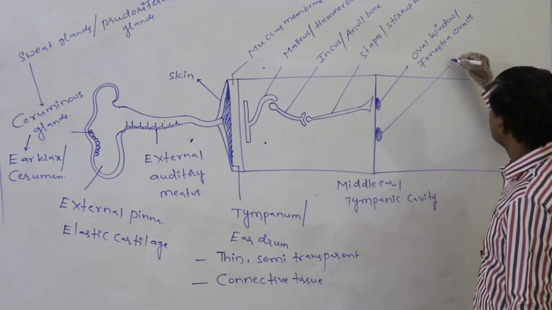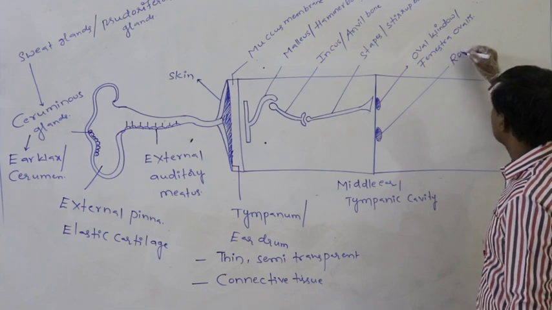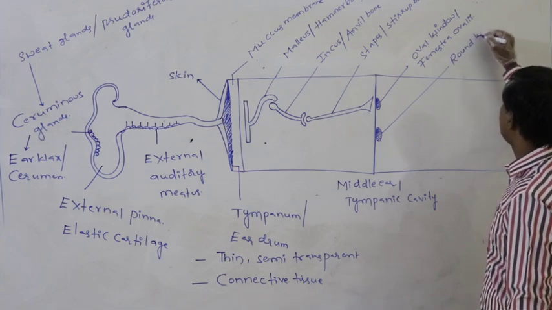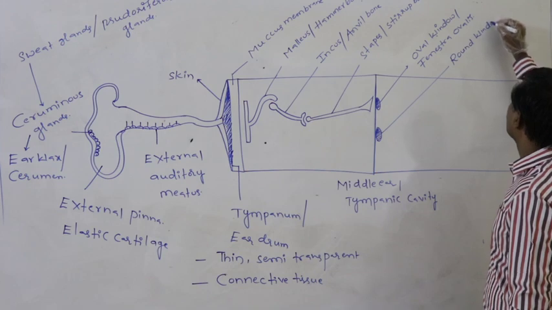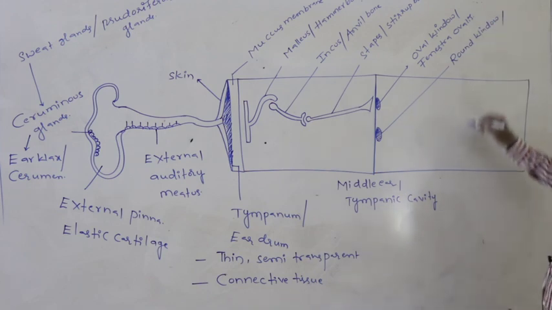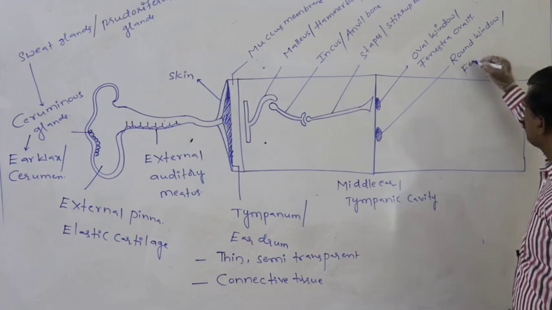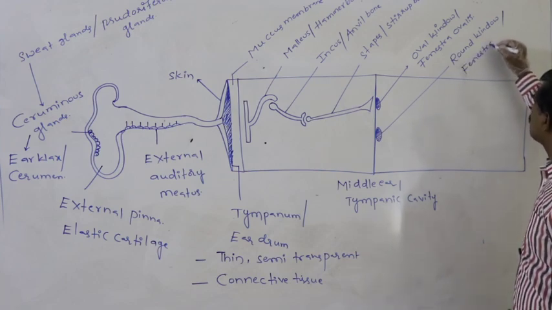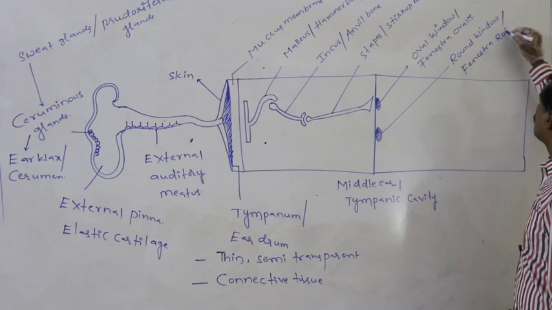Again, another window which is present is called the round window or fenestra rotundus.